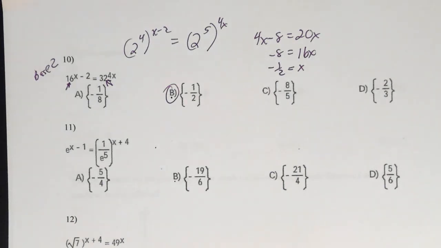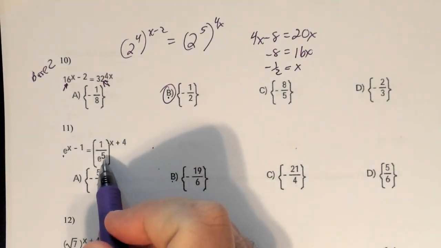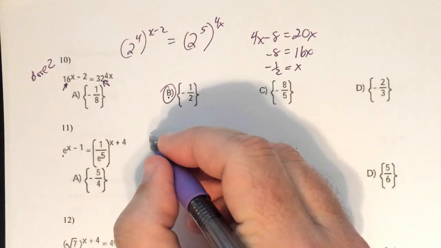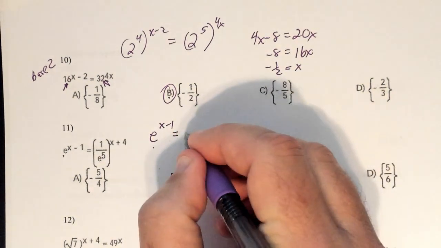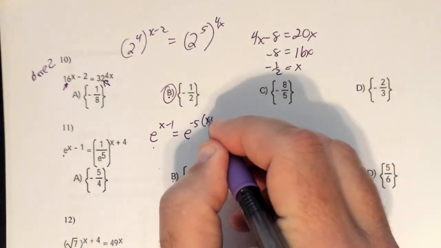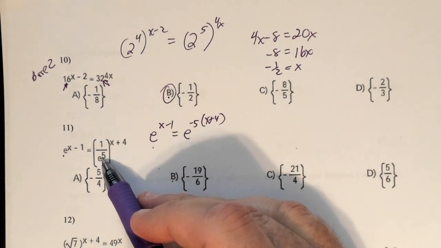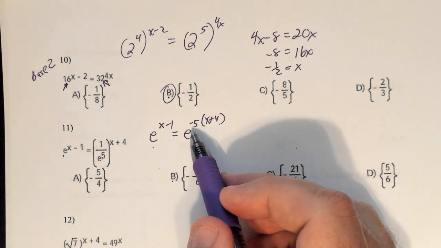Now 11, again, same base. Notice this one has base e, this one has base e. So it's very similar. We just put this in here so you don't freak out on base e. e to the x minus 1 is equal to e to the negative 5, x plus 4. Where do I get the negative 5 from? I bring it up top. The 5 goes to the top, it becomes a negative 5. That's the rule you have to know.